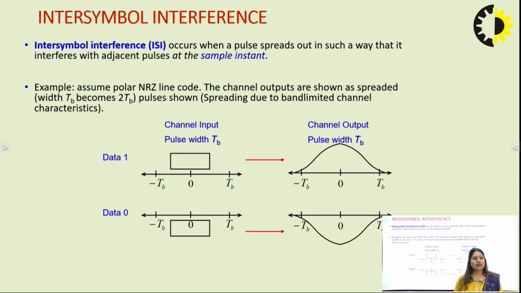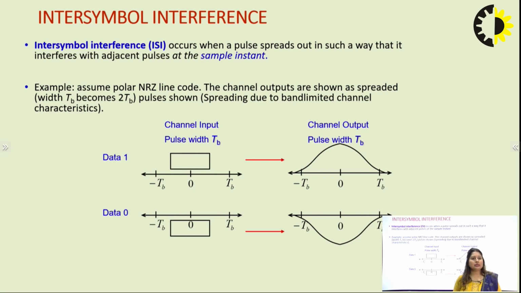As the digital pattern is transmitted, the pulses overlap among themselves, which creates a problem. Obviously, the data we want at the receiver will not be the same as the transmitted data. That problem is called intersymbol interference.